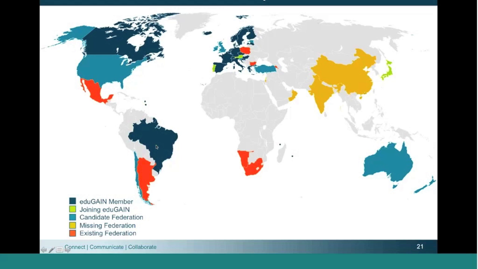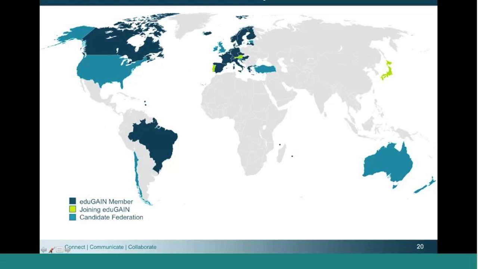Anyway, nope, it just keeps moving to the next screen. Anyway, so Austria is new. Austria has recently started the process of joining EduGAIN, and actually UK Federation have now passed the process of auditing their policy, and will hopefully be joining very soon as well.